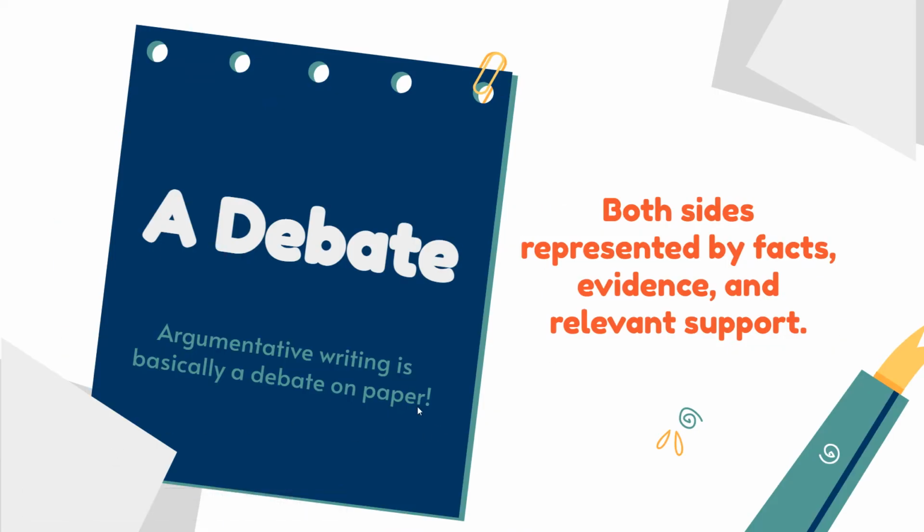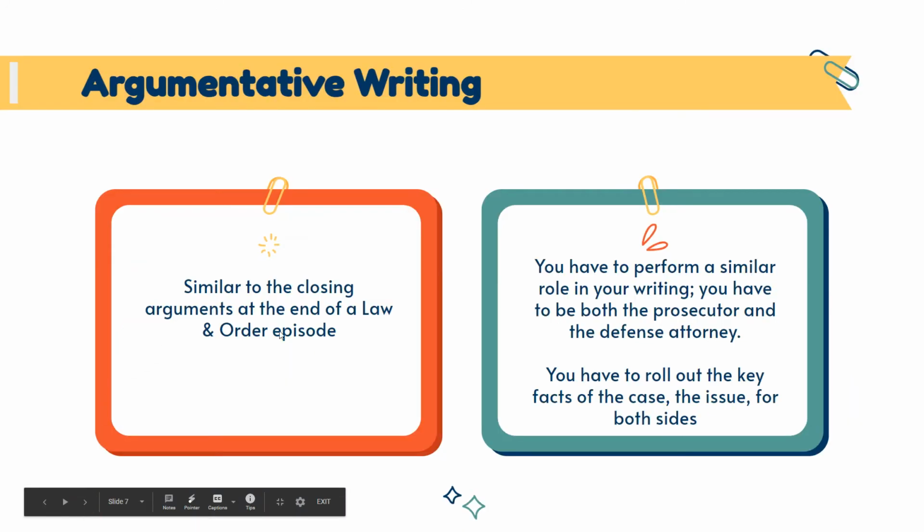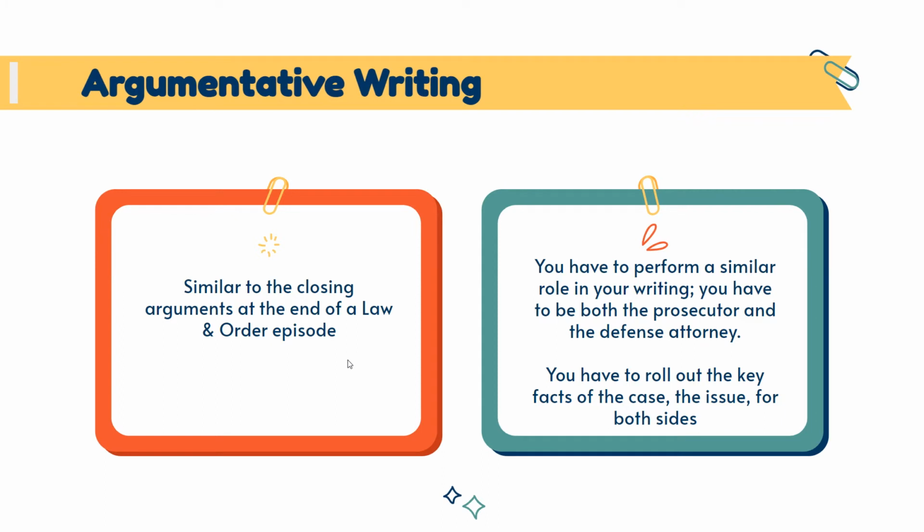Basically, argumentative writing is a debate presenting both sides and represented by facts, evidence, and relevant support. So, similar to the closing arguments at the end of a Law and Order episode, if you've ever seen any TV or movies that have portrayed a hearing in a courtroom, that's what it's referring to. You have to be the prosecutor and the defense attorney.